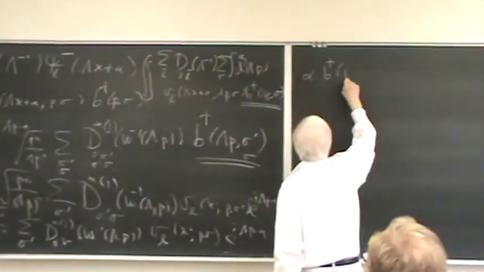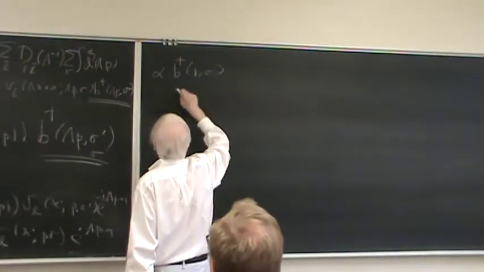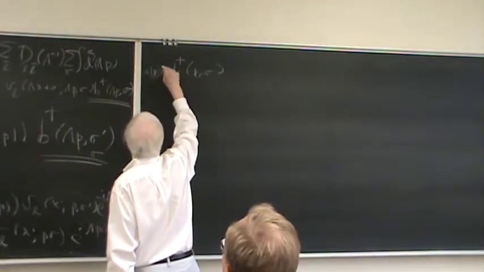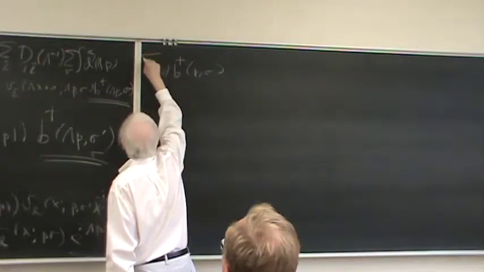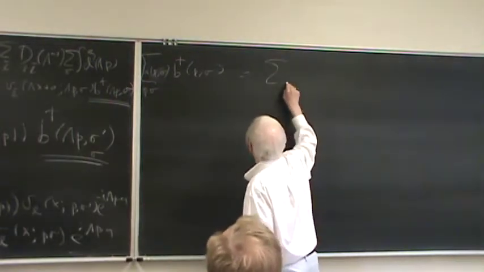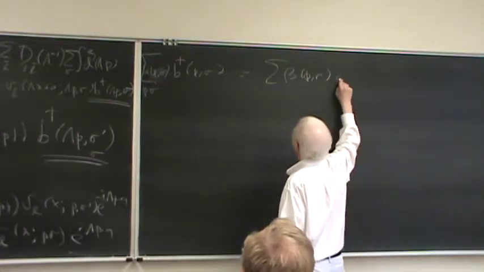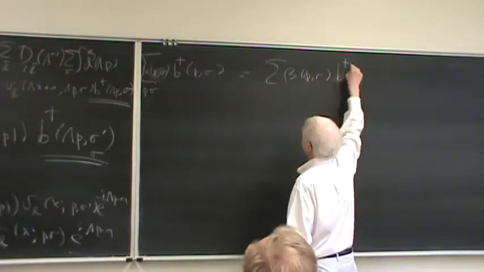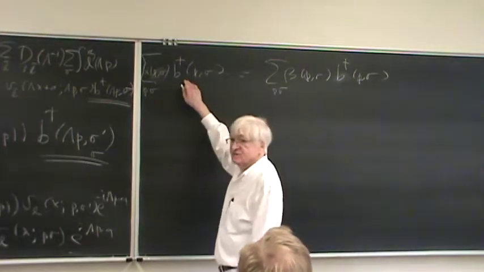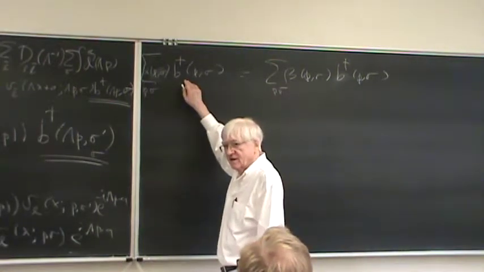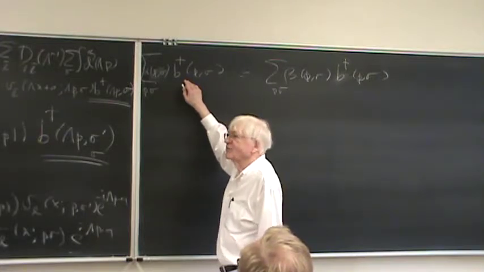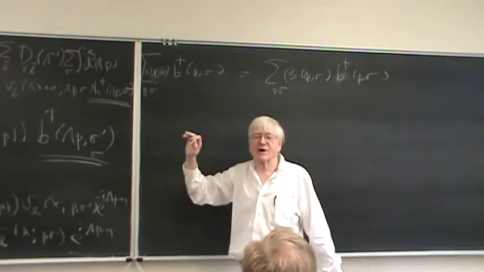Suppose this was alpha of p and sigma, summed over p sigma, is equal to the sum beta of p and sigma b dagger of p and sigma. Well then, since these are totally unrelated one to the other, what's the relation that tells you that they're unrelated? Like if you have a bunch of trig functions, you can use the fact that they're orthogonal.